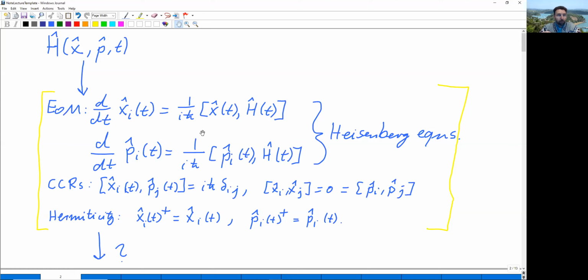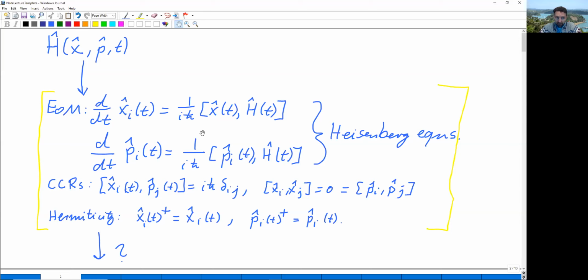We have to solve the equations of motion, which look formally exactly the same as the classical equations of motion because they can be derived from the Poisson bracket. You don't have to derive them using the commutator as it is written here. You can derive them using the Poisson bracket, and so they are the same.